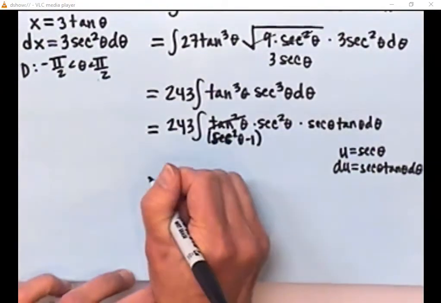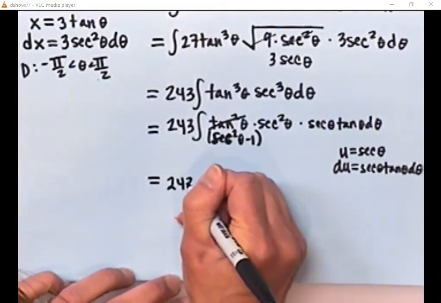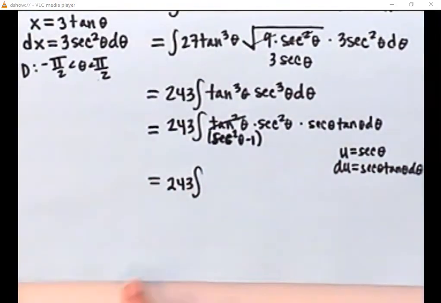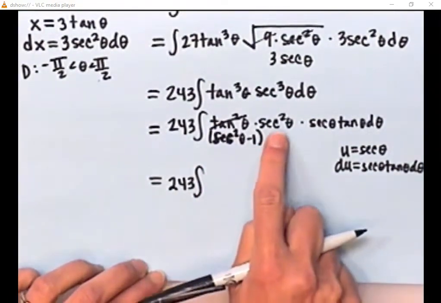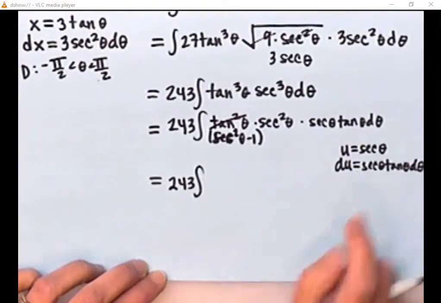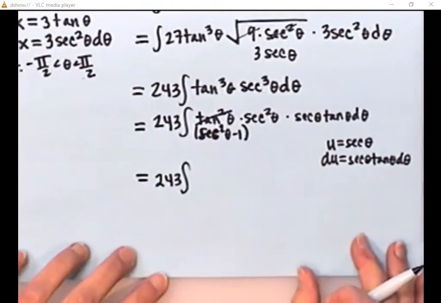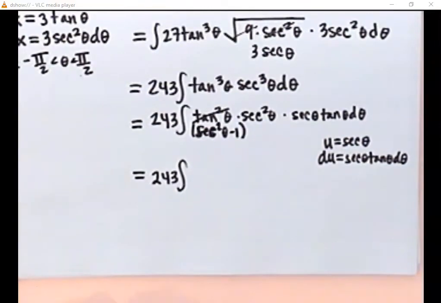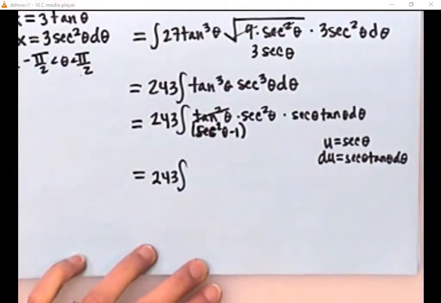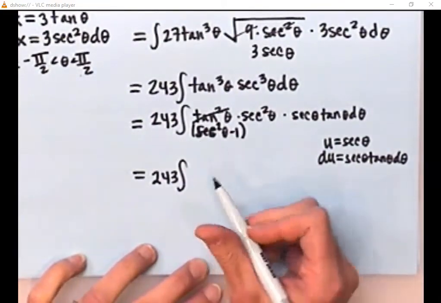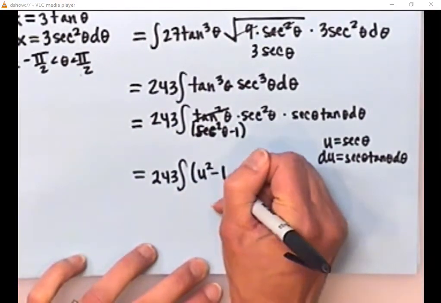And then we can substitute the u's. Okay, so if I replace that with secant squared minus 1, this is secant squared, a secant tangent. What is it going to look like when we put these u's in? Who can do it? Anyone want to try? U squared minus 1, good. Then what?